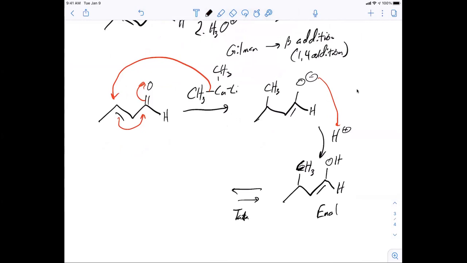They tautomerize, right, to ketones. So the addition does give us this enolate type form, but then that enolate gets protonated to the enol, and then the enol tautomerizes back to the carbonyl.